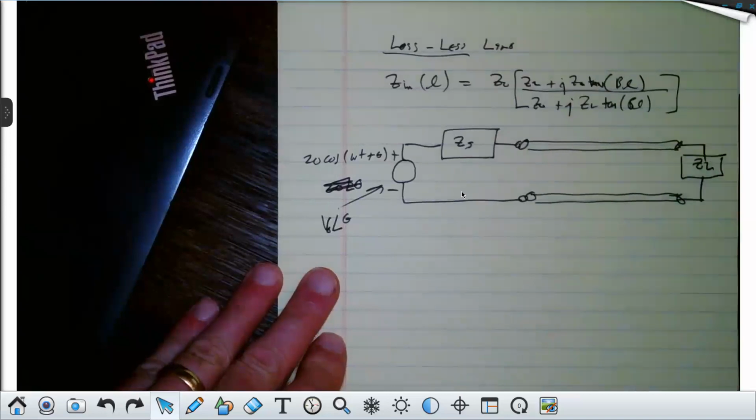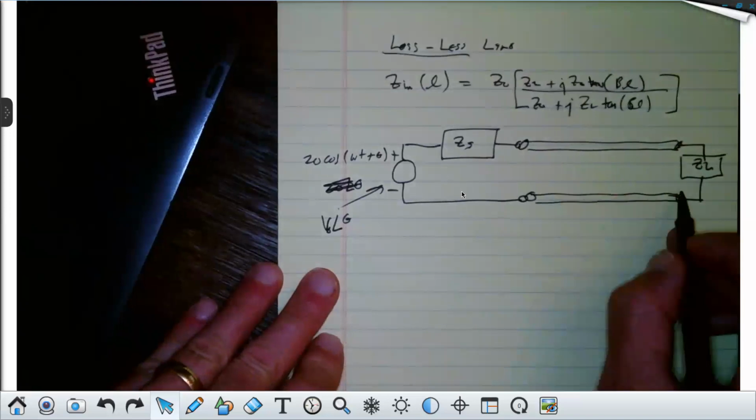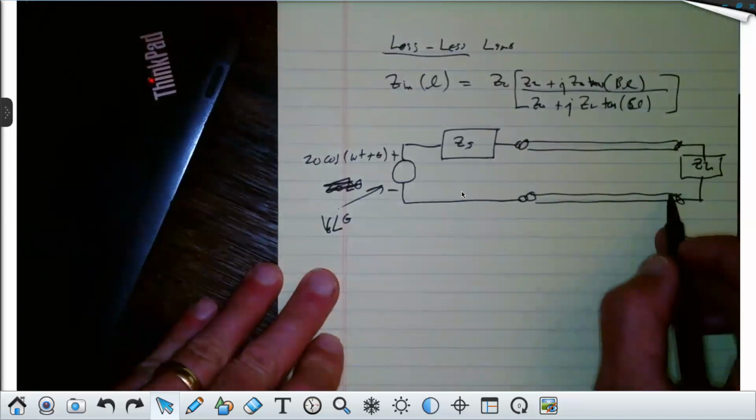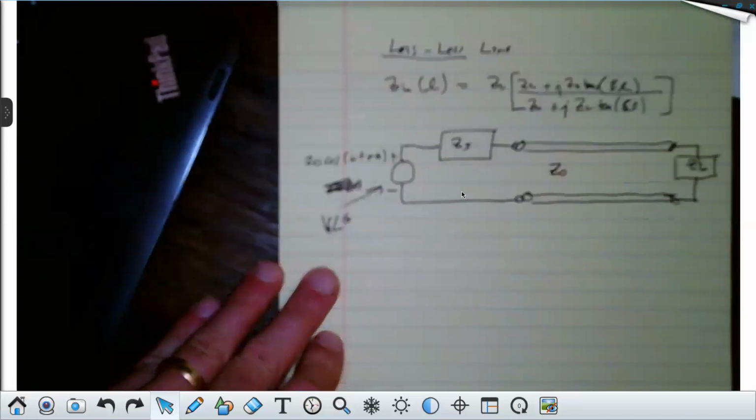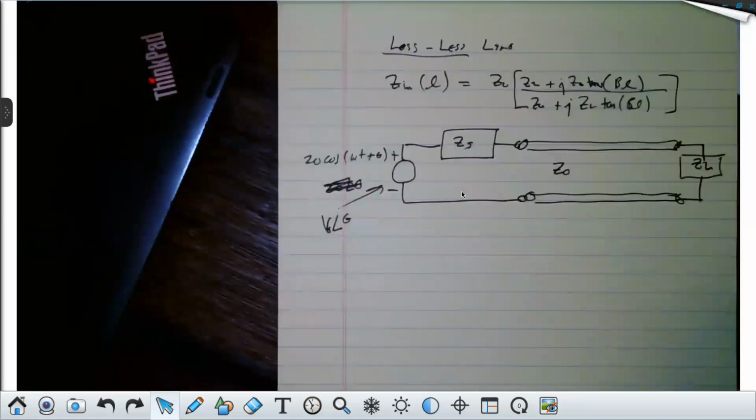Does everybody understand this is the symbol for the transmission line, class? Usually they'll put the characteristic impedance right in there, Z naught equals something, and the length of this line will be L.